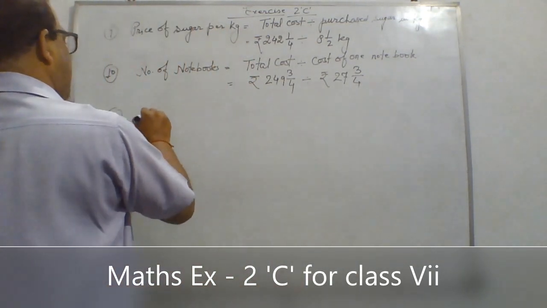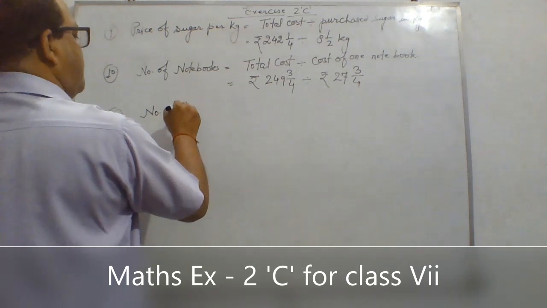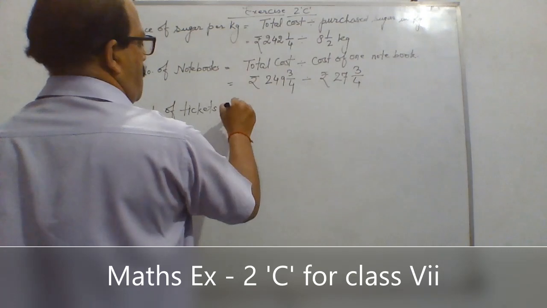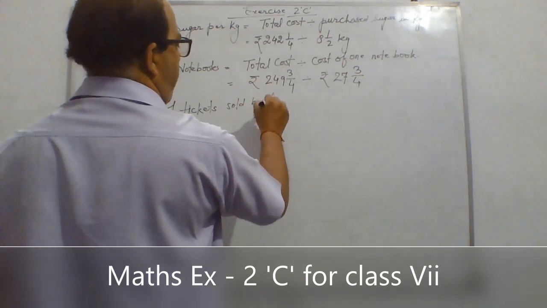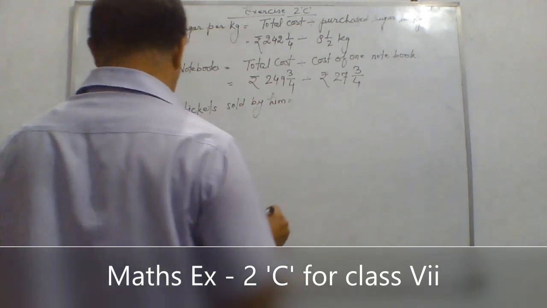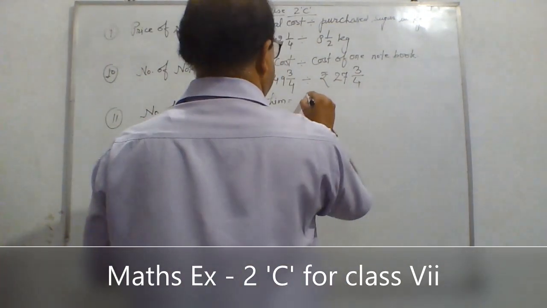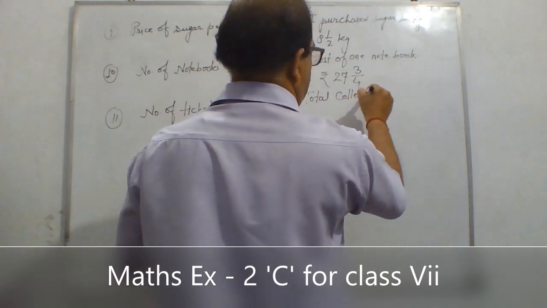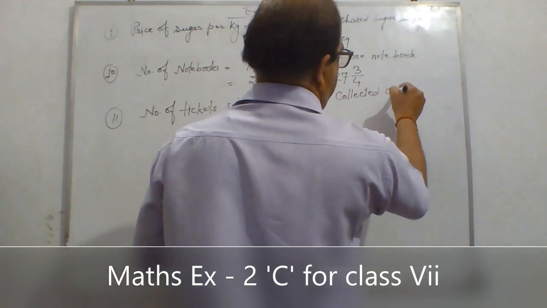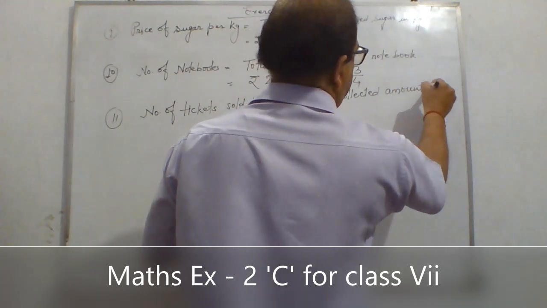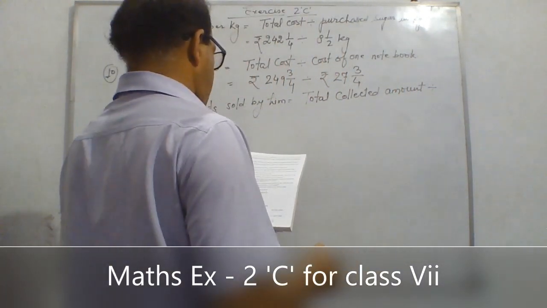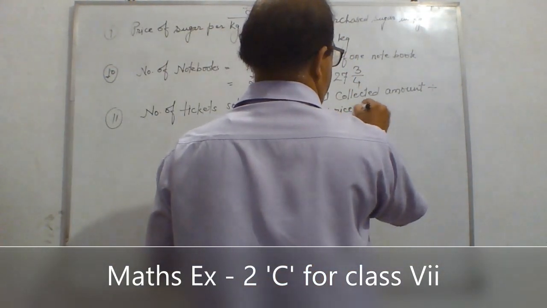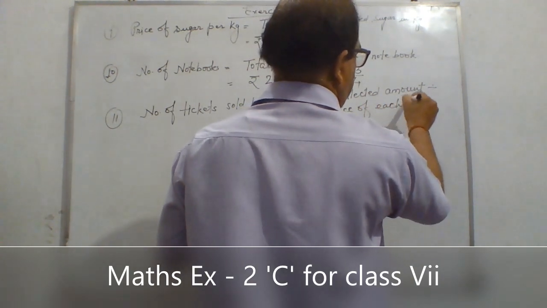Number of tickets sold by him is equal to total collected amount divided by price of each ticket.